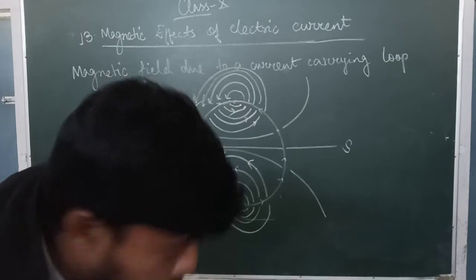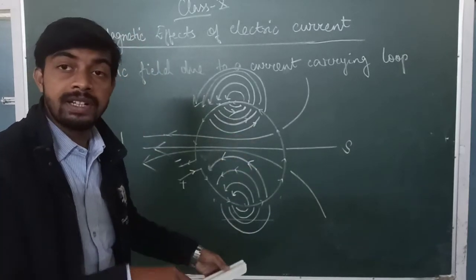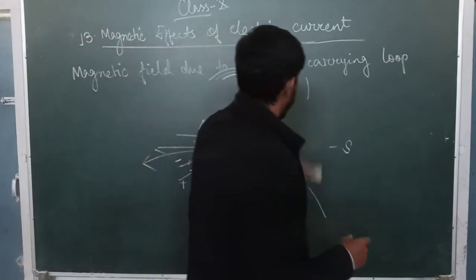Now if we take so many circles, meaning instead of taking one coil, I take so many circular coils like a spring, let us see what happens.